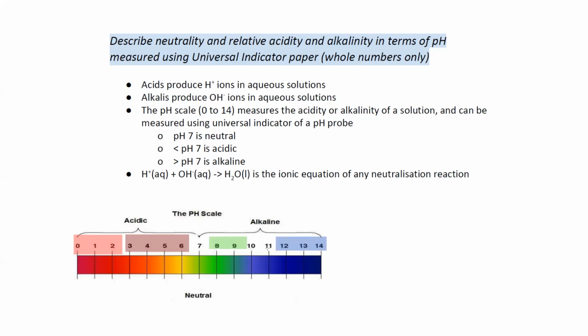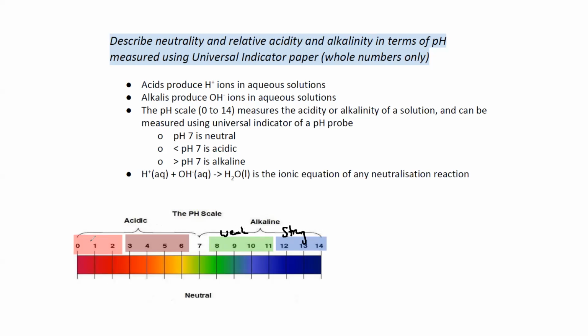From 8 to 11, alkali can be strong or weak. So if it is pH 12, 13, 14, it refers to strong. If pH 8, 9, 10, 11, that refers to weak.